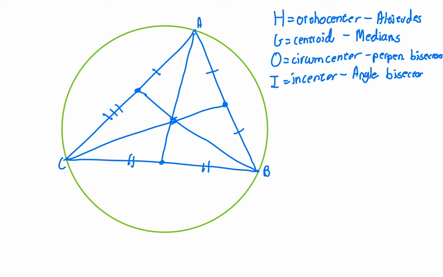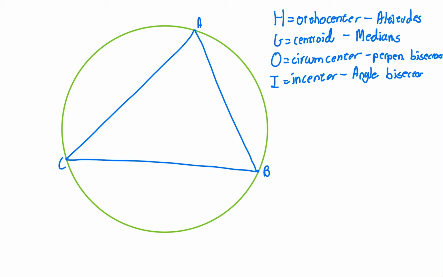Now the circumcenter. Any triangle can be inscribed inside a circle, the circle passing through all 3 of its points. First we'll find the center of that circle by looking at the perpendicular bisectors of each side. The perpendicular bisectors are the lines that are perpendicular to the side, so they meet at a right angle, and they bisect the side.